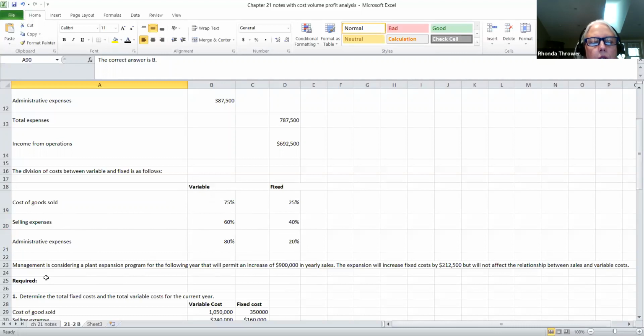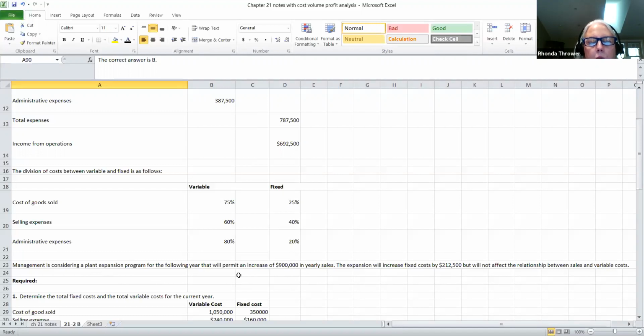And then they also tell you that management is considering a plant expansion program for the following year that will permit an increase of 900,000 in yearly sales. So they're thinking about doing a plant expansion that's going to increase the yearly sales by 900,000. The expansion will also increase the fixed cost by 212,500.